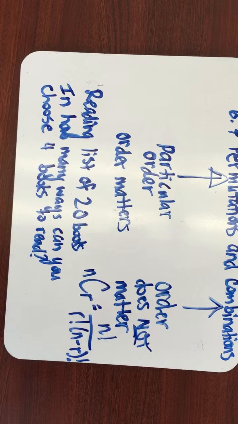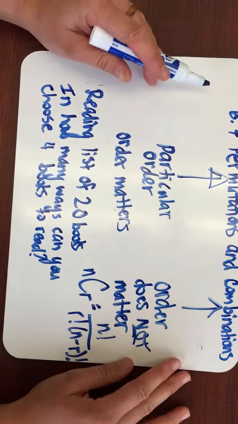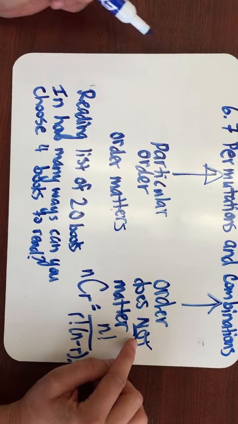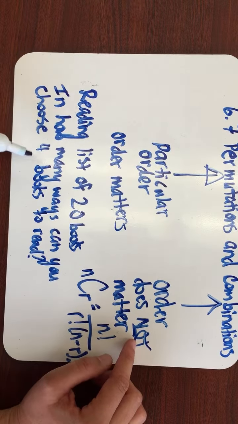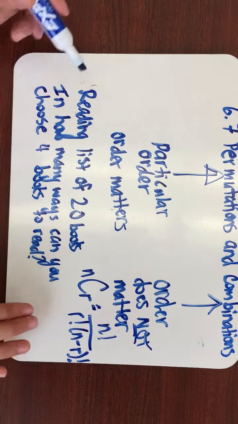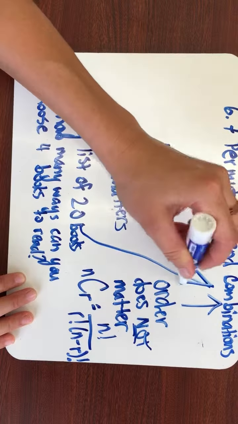So we have to first decide, is it a permutation or a combination? Meaning, does the order matter or does the order not matter? So since we're choosing four books and it does not matter which order we choose the books in, then it's going to be a combination.